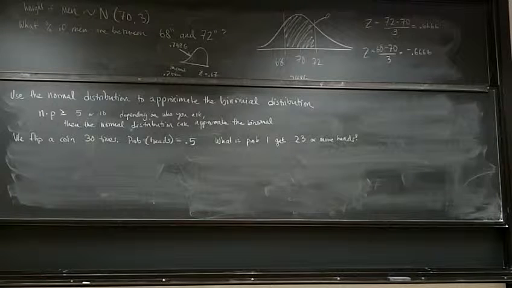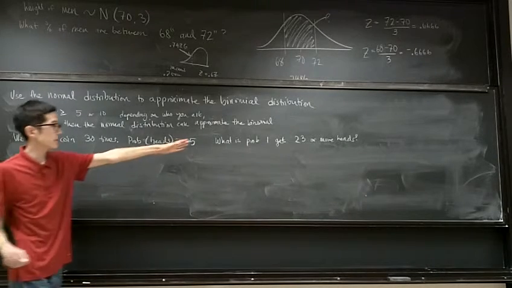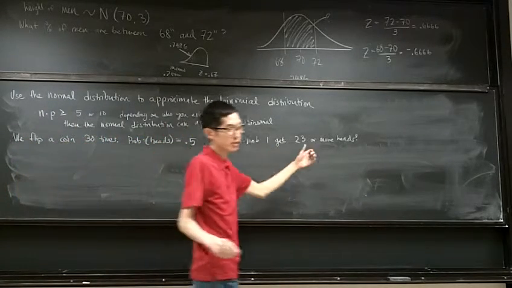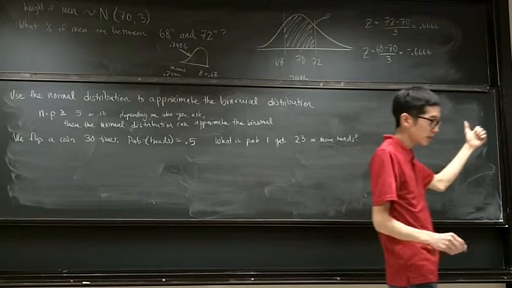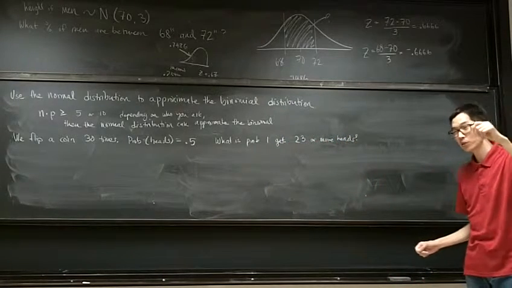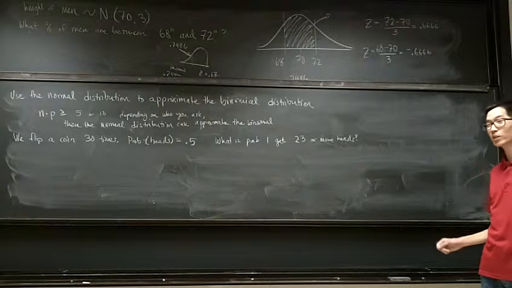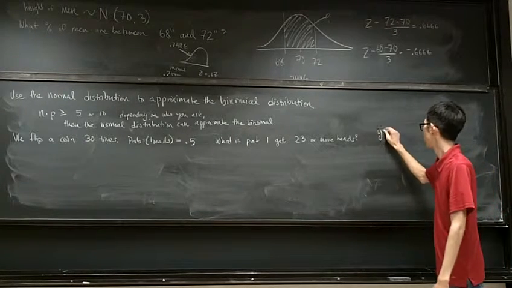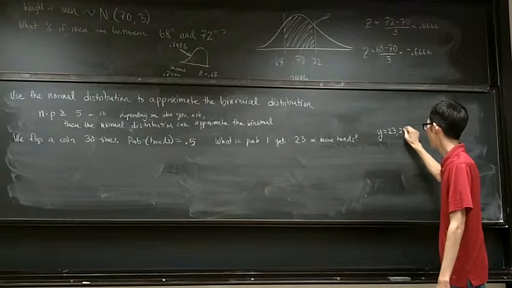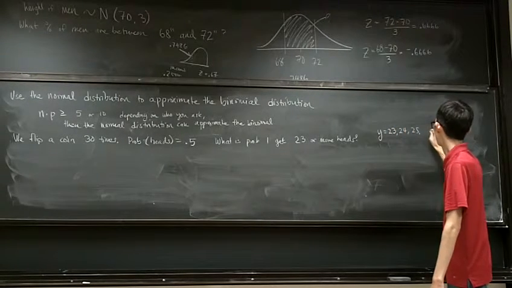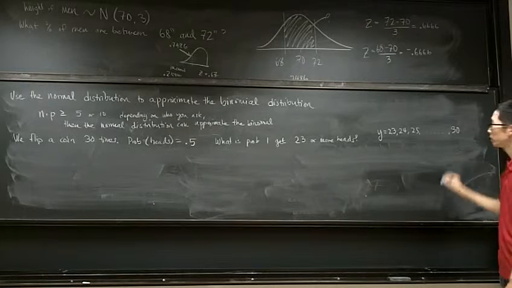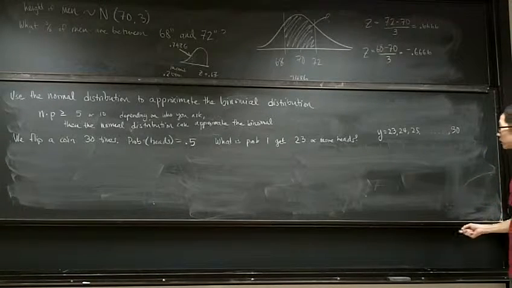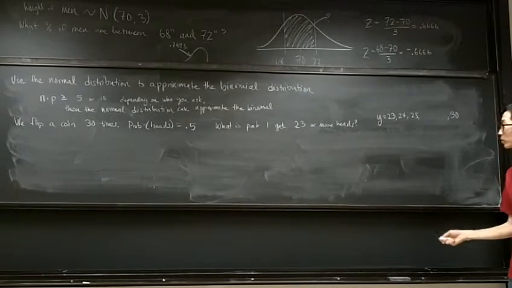If we wanted to do this using the binomial distribution, what would I have to do? I would have to do 23 or more means y is equal to 23, or y is equal to 24, or y equals 25, or 26, all the way up to y equals 30, right? So that's a lot of outcomes that I have to compute.